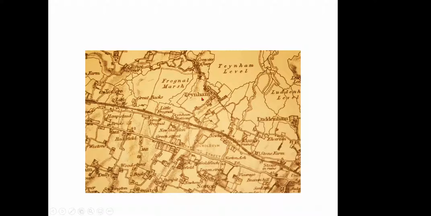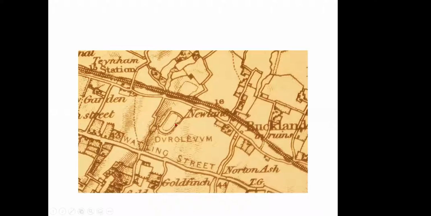I'm saying Old Teynham because in 1924, the Teynham that we know on Watling Street on the A2 was in fact called Green Street. Here's Durolevum, clearly marked. I'll just go into a larger scale for that. Here we are near Newnham and out on the outskirts of Teynham, as we call it now.